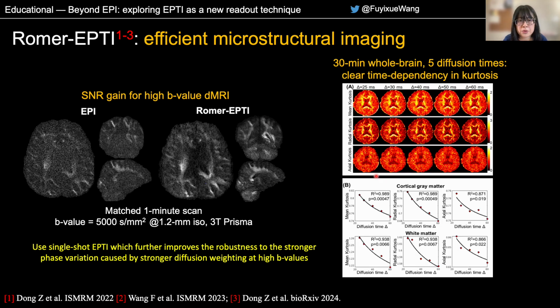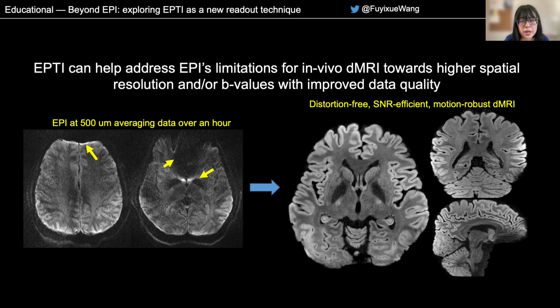And also the high SNR gain from acquisition can help acquire rich diffusion information within a shorter time frame for advanced diffusion modeling or analysis, such as time-dependent diffusion MRI. To sum up, EPTI can help address EPI's limitation for in vivo diffusion MRI towards higher spatial resolution or B values with improved image quality.